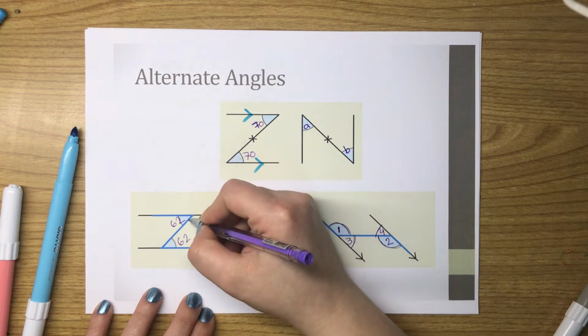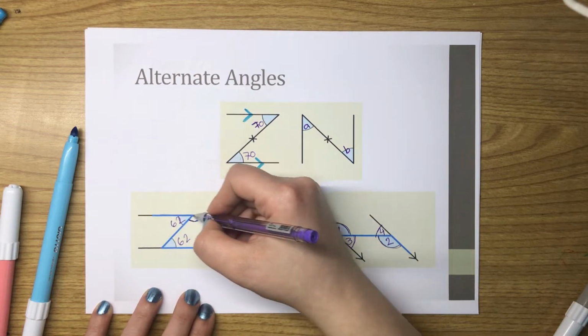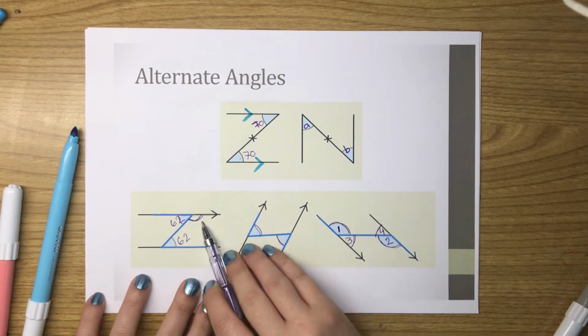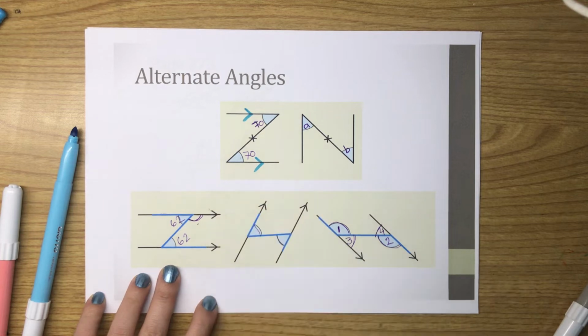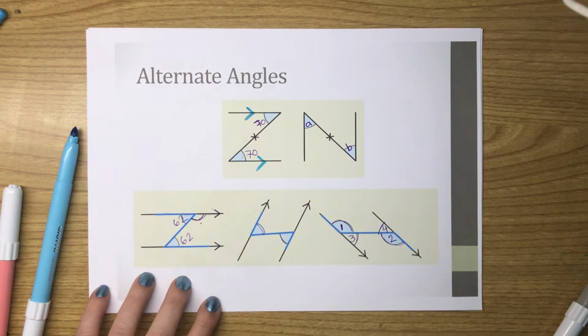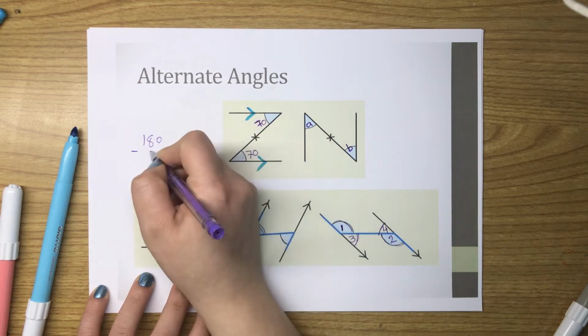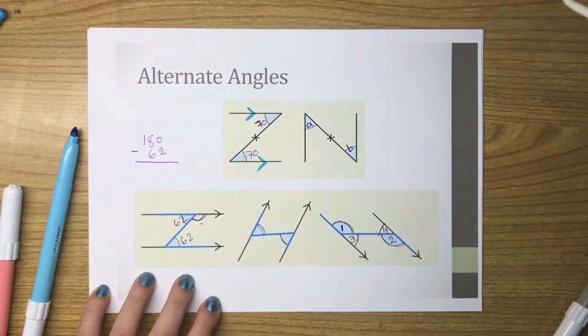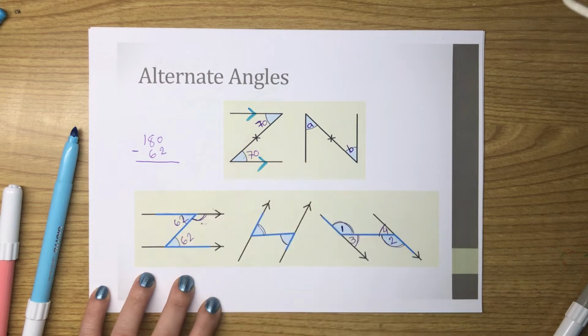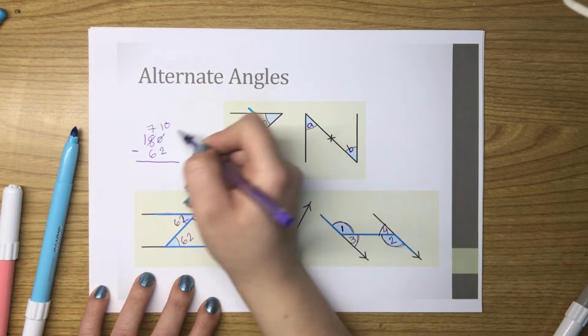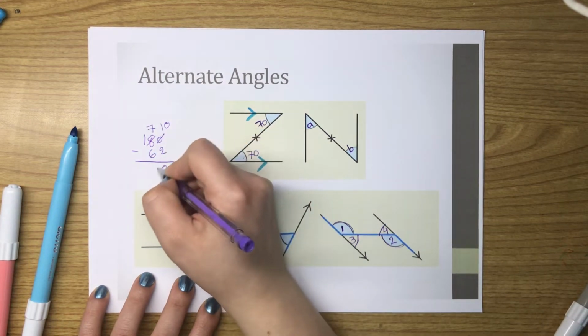Remember another property: supplementary angles add up to 180 when you have a straight line. So to find this missing angle, you are going to take 180, subtract 62, for straight angles, to find the supplementary angle by regrouping. 10, 7, 10 take away 2 is 8, 1, 1.